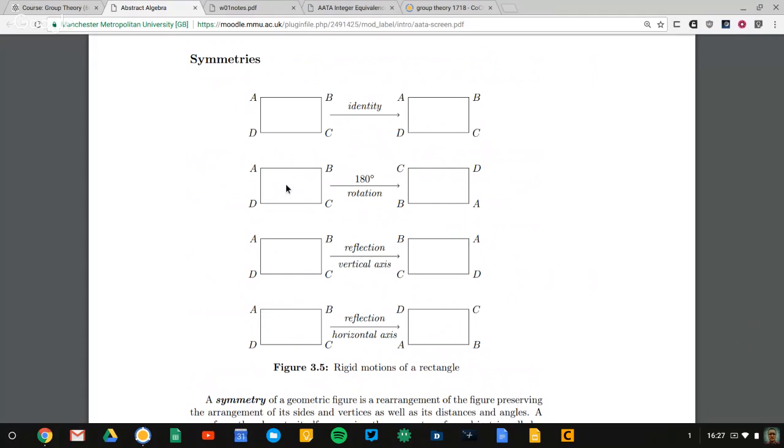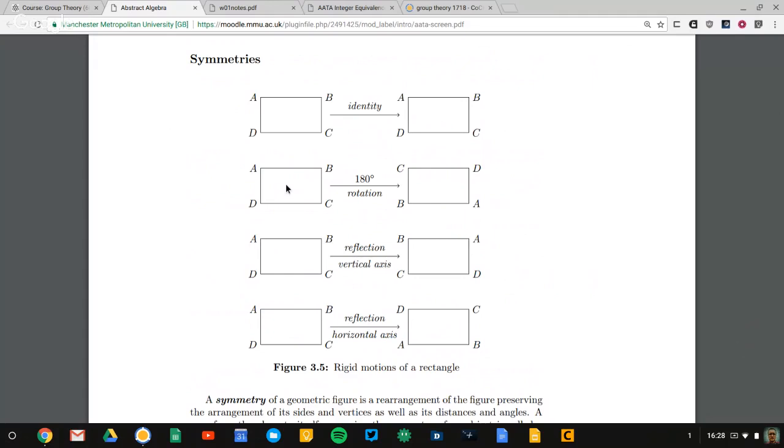Okay. The first one is the identity transformation, which is the most boring transformation ever, because everything remains the same. But it's included. So doing nothing to the plane is certainly a symmetry. But the more interesting symmetries that tell you something about what the rectangle is: there's a 180-degree rotation about the center.